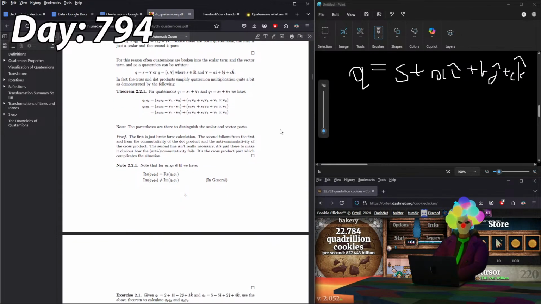But you have it separated into the scalar and the vector, so you're only operating on the v, not the s. Each time we just do a dot product, okay.